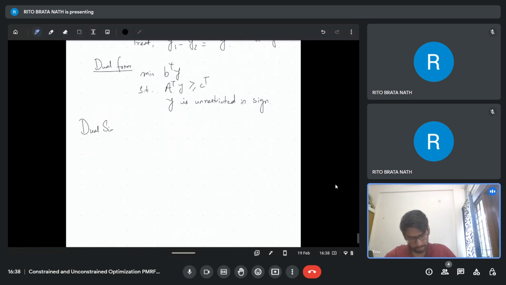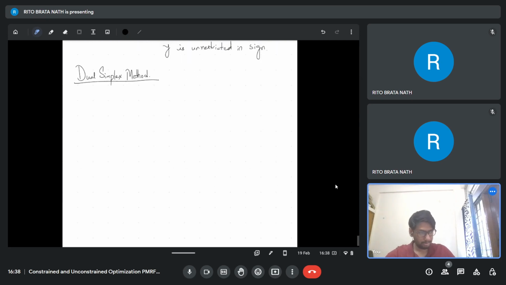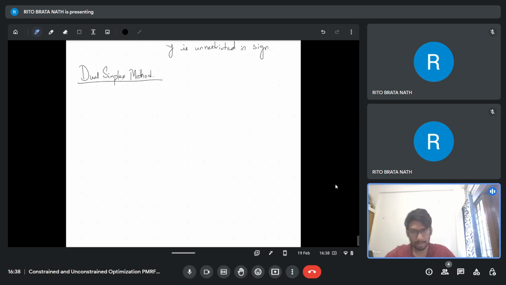So the dual simplex method. Here, first you decide which variable leaves. So it's kind of opposite to what you have been doing. The criterion to choose the leaving variable is min over i of xBi such that xBi is less than 0.